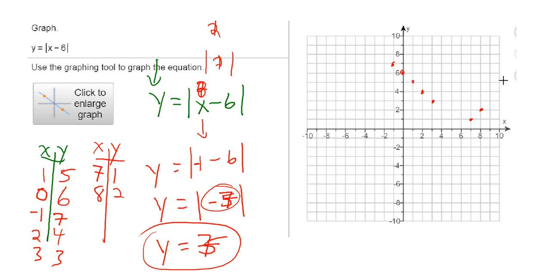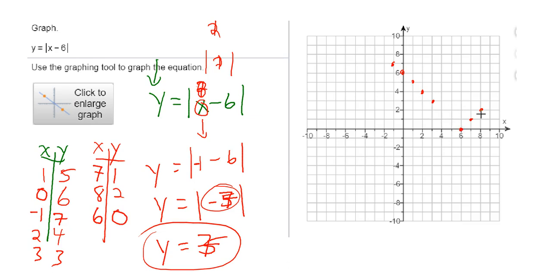And where that V shape pivots is actually wherever you would get 0 inside your absolute value. So what number would I have to choose for x to make this 0 out? I would have to choose 6. So if I plug in 6 for x, I get 6 minus 6, which is 0. The absolute value of 0 is 0. And so I'll get 6, 0 here.